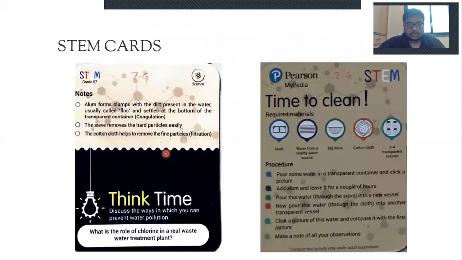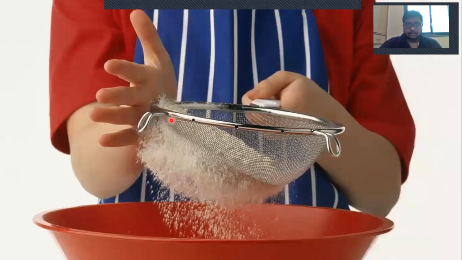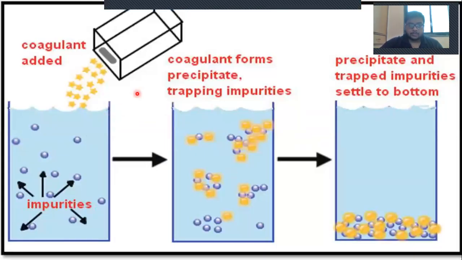Yeah, so discuss the ways in which, see this first, we will study some notes. Alum forms clumps with the dirt present in the water, usually called flock, and settles at the bottom of the transparent container. That is coagulation, like I mentioned in the first slide. See here, the coagulant added gets settled down below.